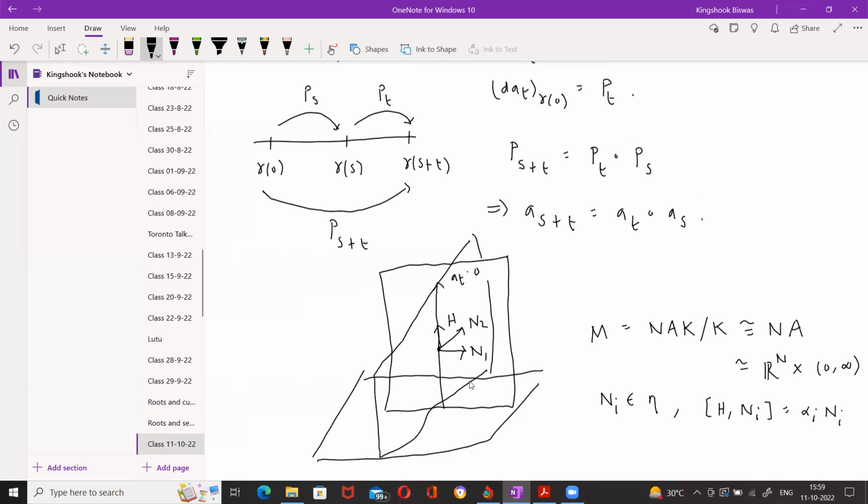And what happens is that these totally geodesic submanifolds, this is a submanifold. What should I call it? So S_i.